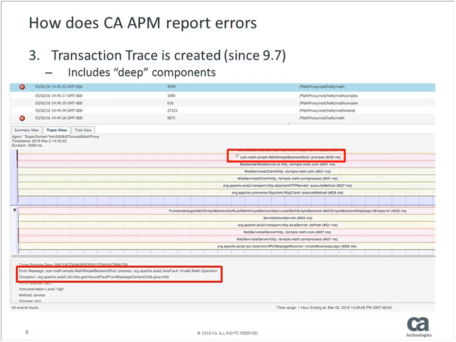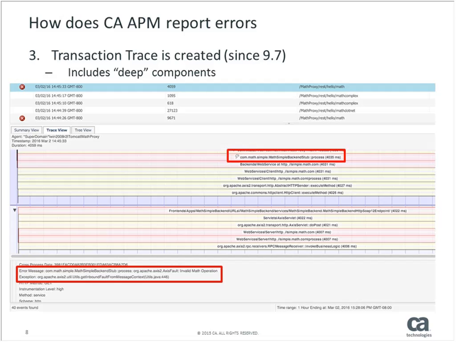The third thing that we will show is, since APM 9.7, we will also generate a transaction trace. So you will not only have the error snapshot as you had before, but also a transaction trace. A transaction trace that has an error is marked with the red X in the overview, in the list view, and in the trace view.